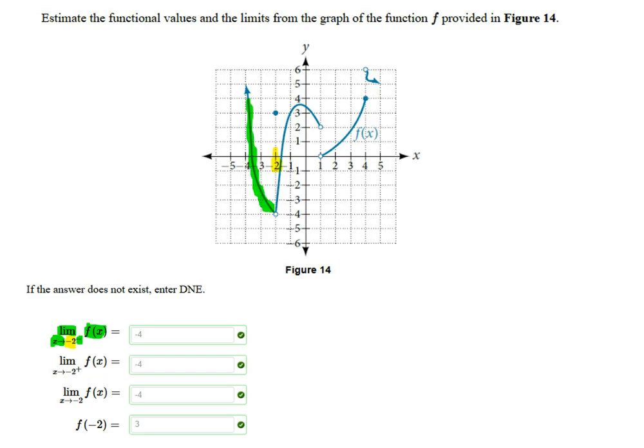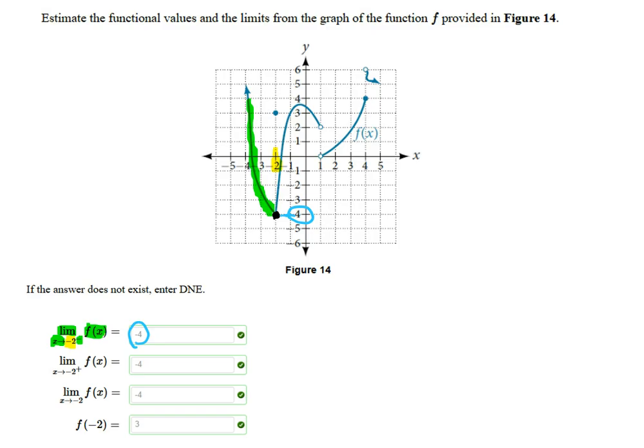You're going to the right, and you're getting closer and closer to this point right here, which is an open circle, but that point is directly across from -4, and you can see I have typed in -4 there, and I already showed I got the green, I got it correct.